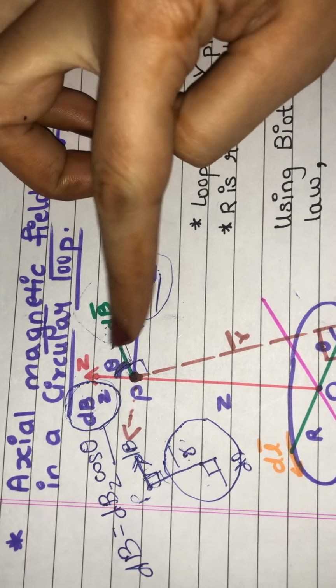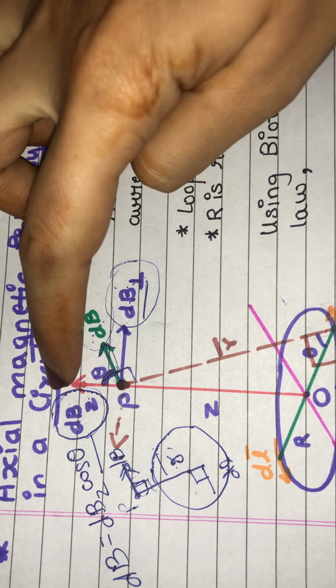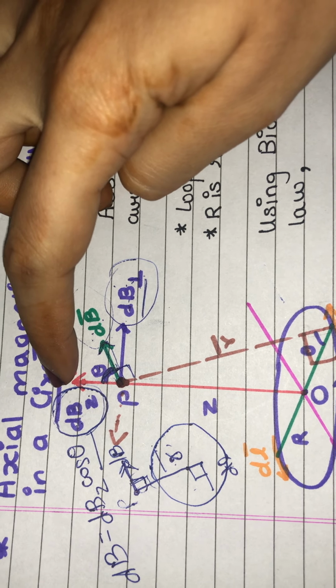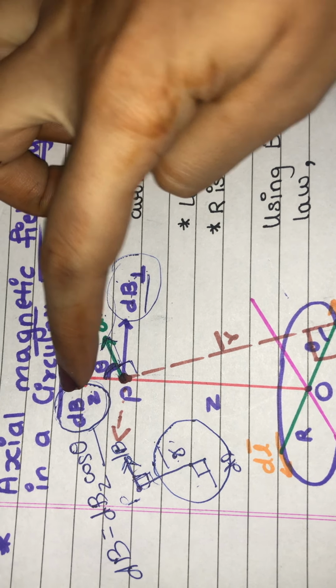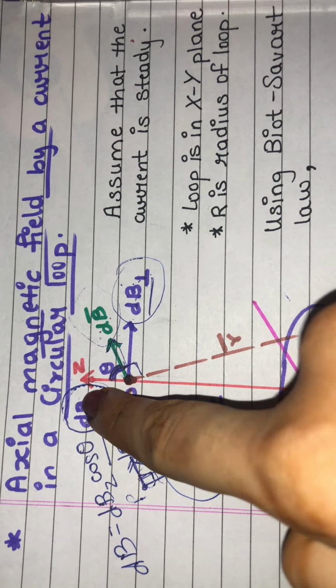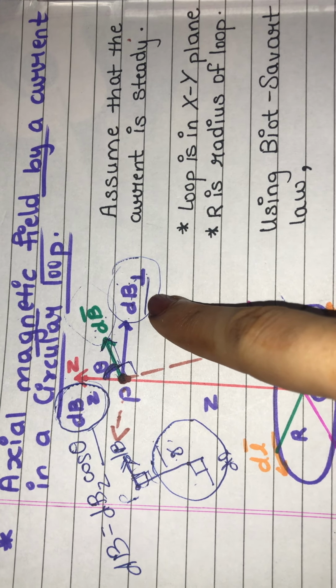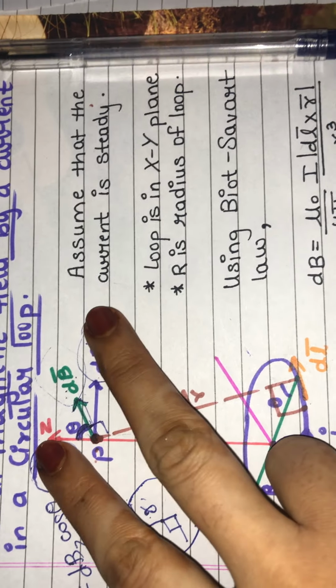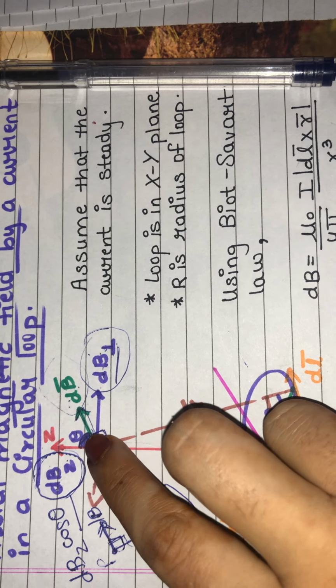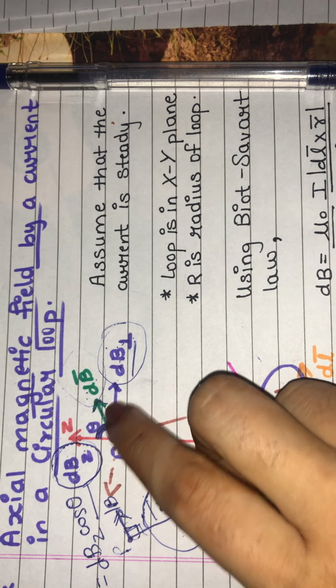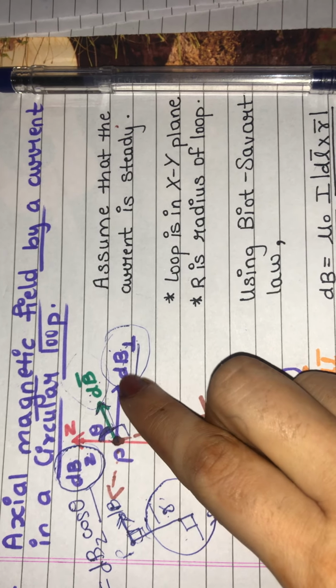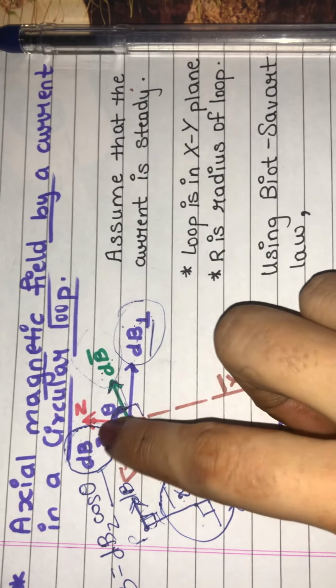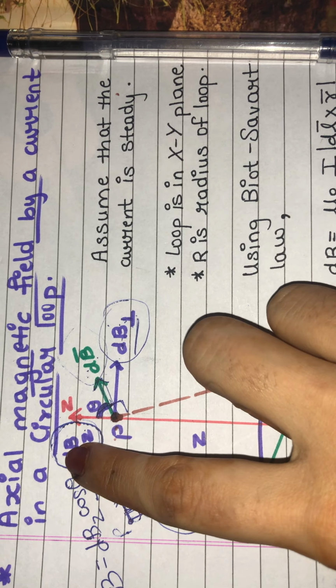Now dB will get resolved into two components. One component will be along the z axis, and to that component, another component will be perpendicular. So there are two components of my dB. One is making angle theta with dB, and another one is at 90 degrees to dBz.